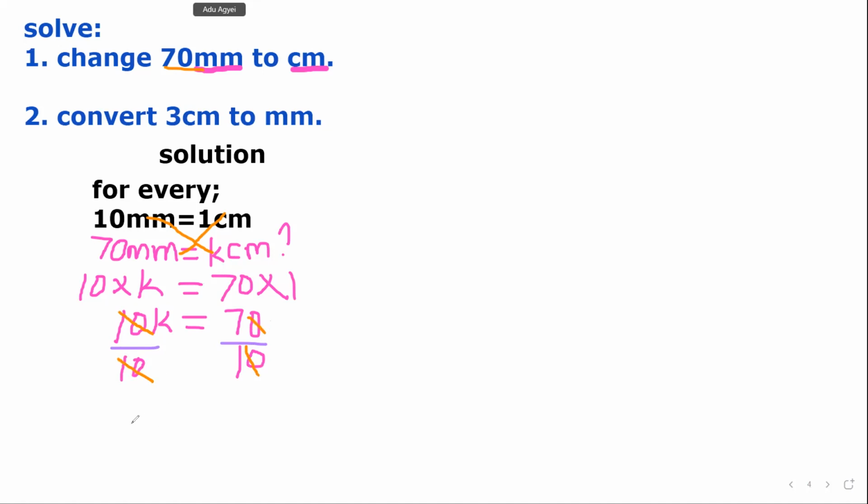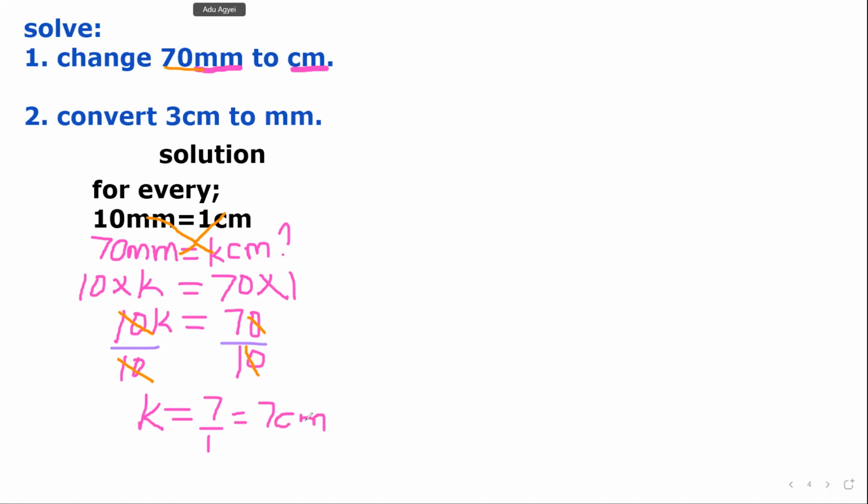Now K is equal to 7 out of 1, and that is 7. Because we used the K to represent centimeters, the answer must be in centimeters here.